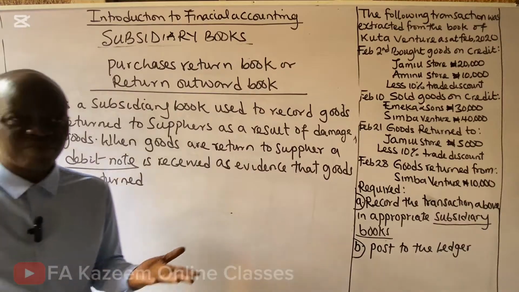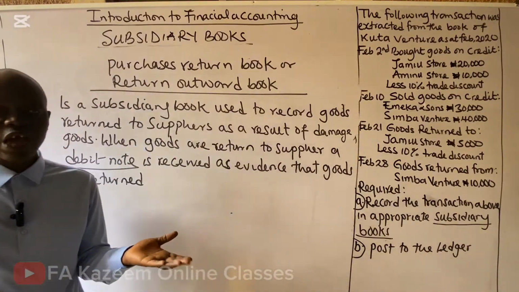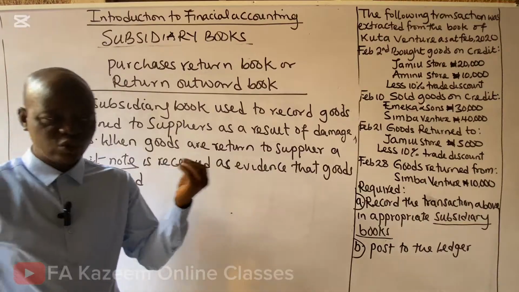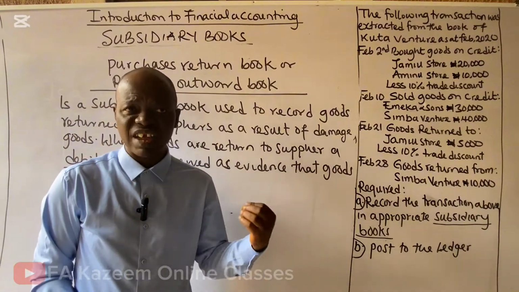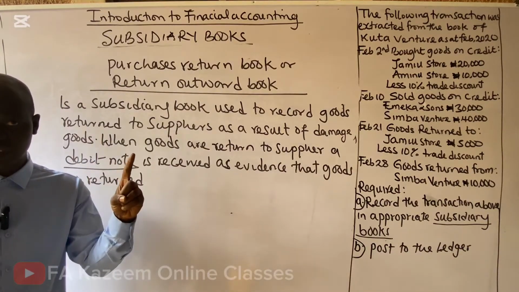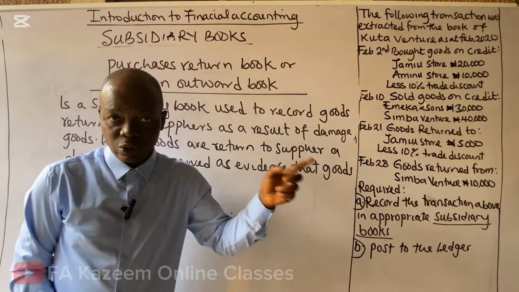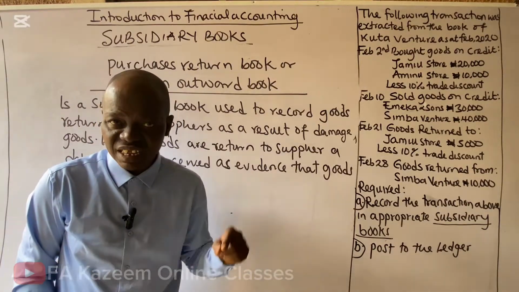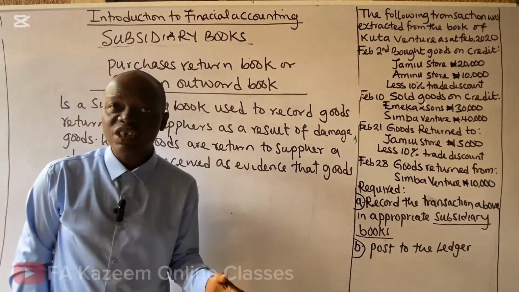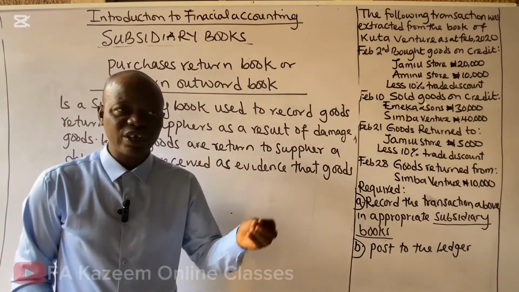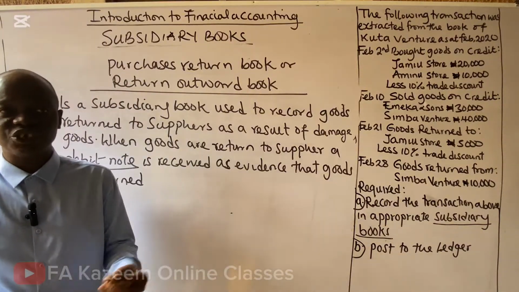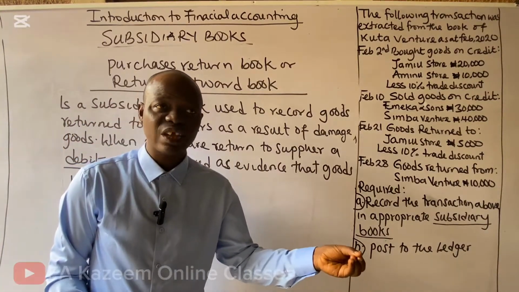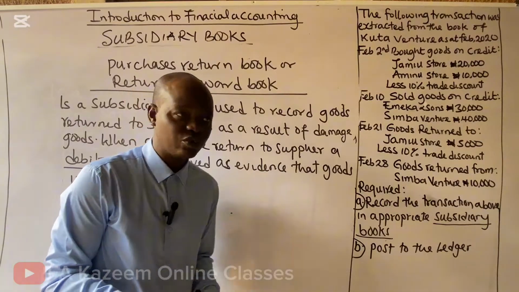For example, if you have purchased 1,000 naira goods, and out of it, 200 naira goods have been damaged.